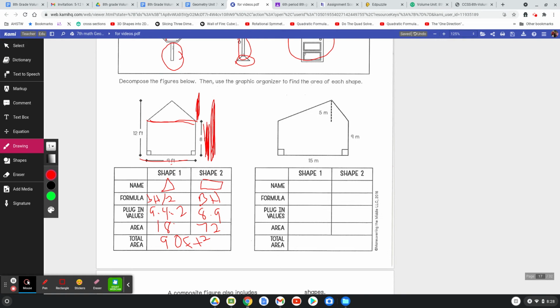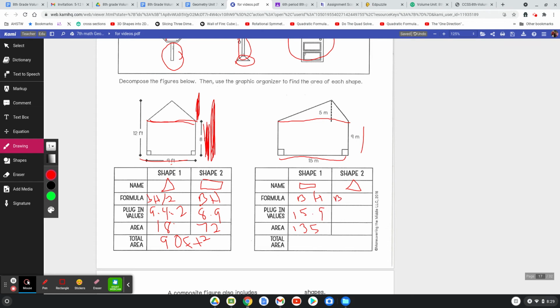This one, if I draw a line here, I'm going to get a rectangle and a triangle. So the first shape is a rectangle, and I know it's a 15 by 9. So it's base times height, 15 by 9, and that gets 135. The other shape is a triangle.